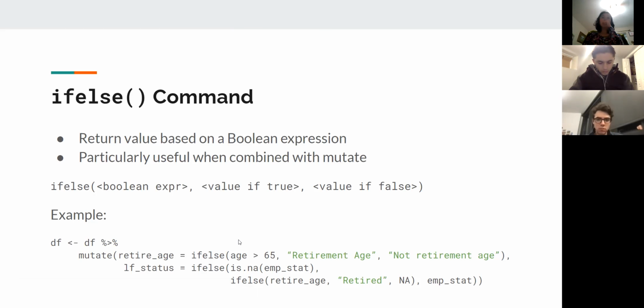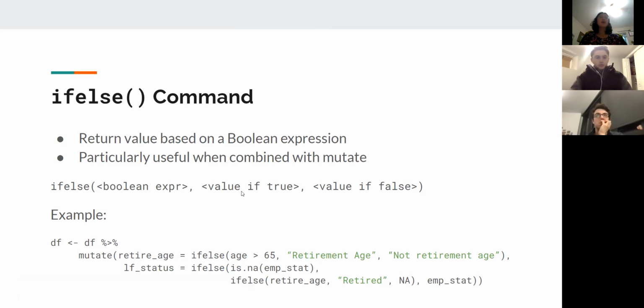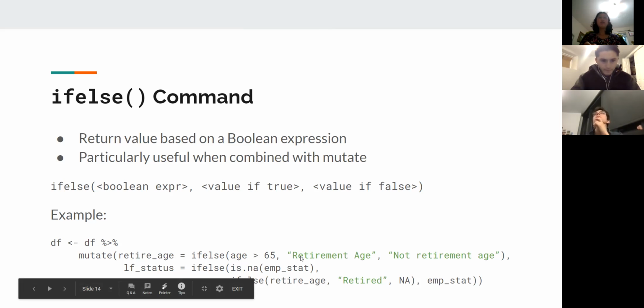I don't know why. Oh wait, oops, that was a mistake. This is actually not going to evaluate because retire age is not a Boolean. But anyway, the point here is that if you have this and then the Boolean expression, this will add a column based on this other column that's not just a Boolean.